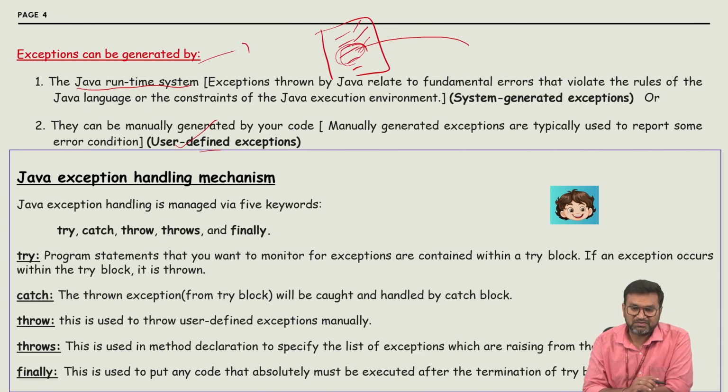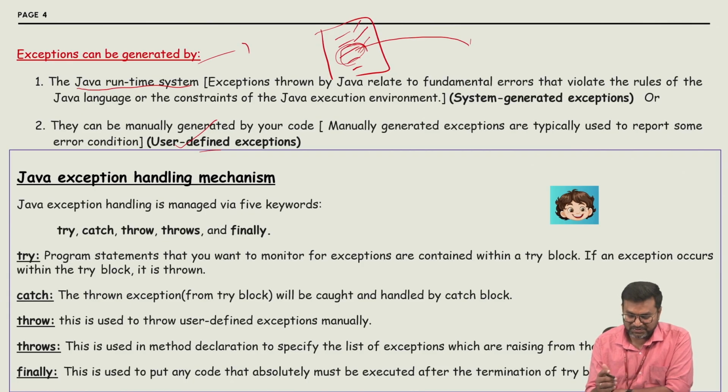This is not a desirable solution. What does an end user generally expect? If your application suddenly terminates, the end user definitely doesn't understand what is happening internally in our machine.